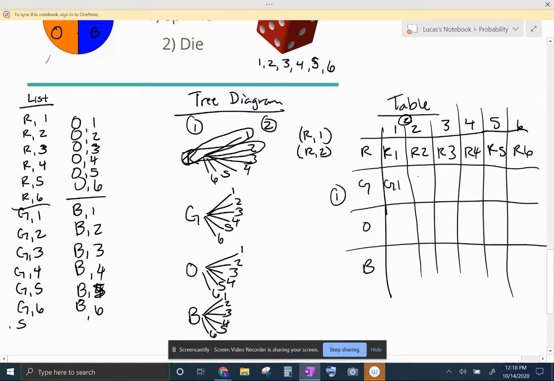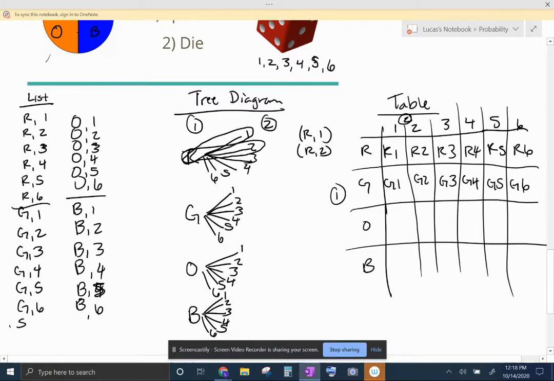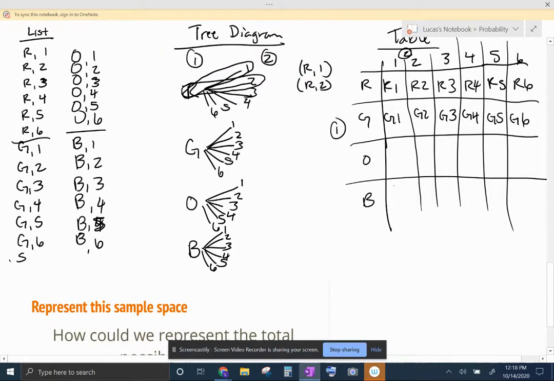Green 1, a green 2, a green 3, a green 4, a green 5, or a green 6. And so I can repeat this and fill out the whole column. And if I wanted to know how many were in the sample space here, without counting and listing everything, I could say, well, in the first event, there are 4 different possibilities.